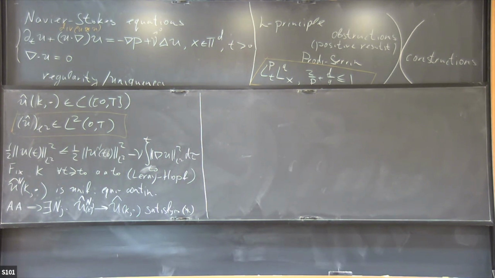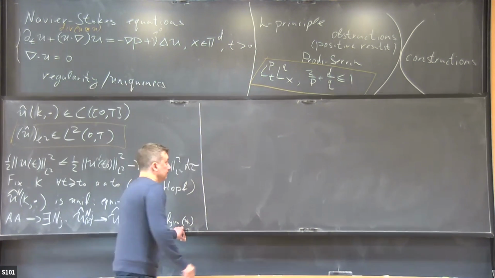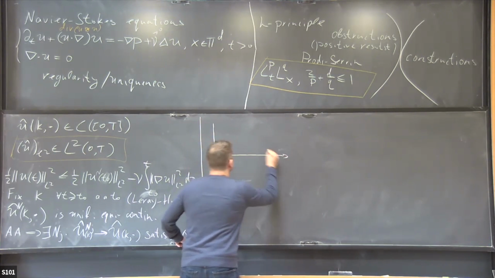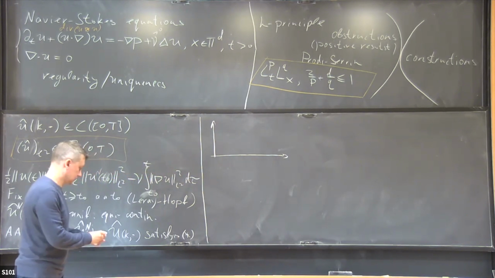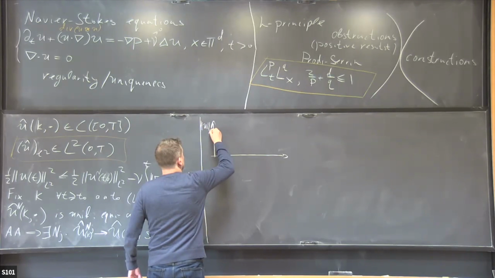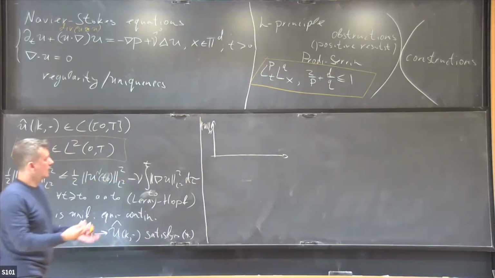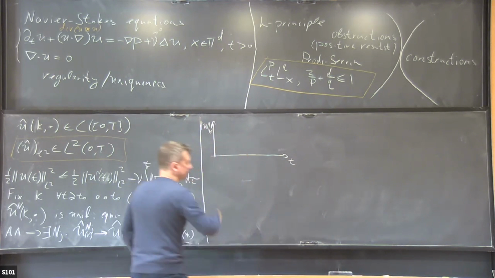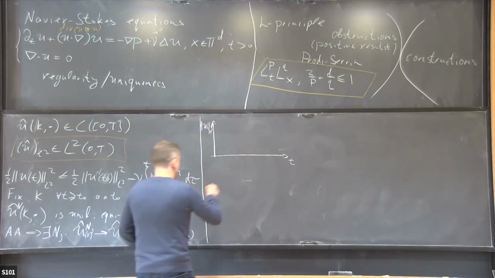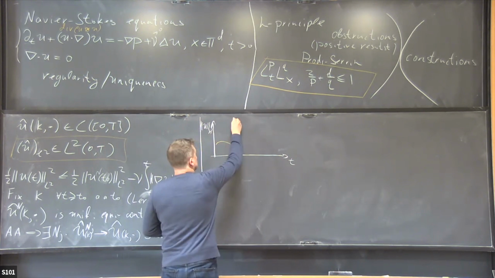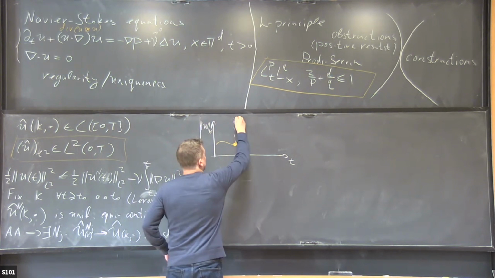So what's so special about Leray-Hopf solutions? They cannot blow up instantaneously. Again, this is one of the results by Leray with strong uniqueness. For example, if you look at the H1 norm, if H1 is continuous, then the solution is smooth. One can just look at the H1 norm or any subcritical norm for that matter. So such a picture is not possible for a Leray-Hopf solution.